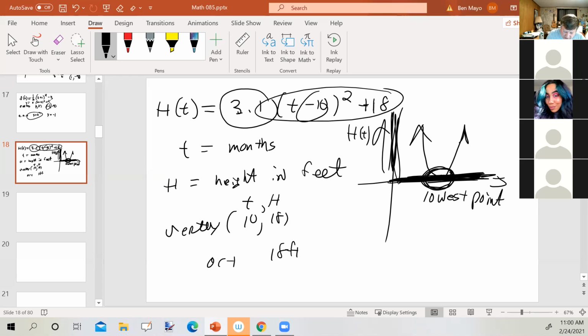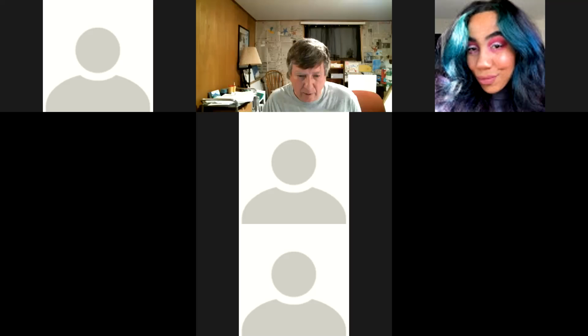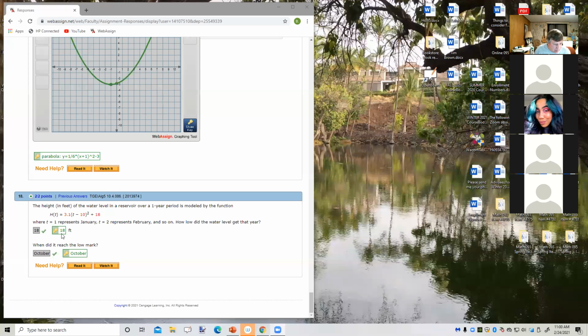That's 18 feet. So going back to the WebAssign problem, let's see. How low did the water level get that year? 18 feet. When did it reach the low mark? In the 10th month, which was October. Does that make sense?